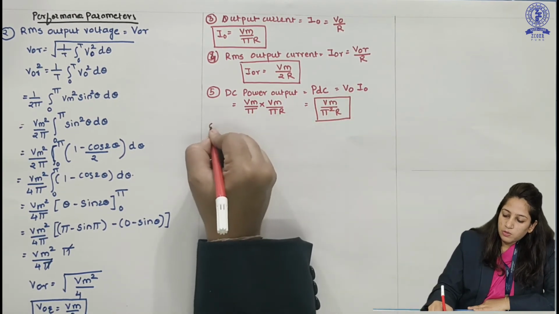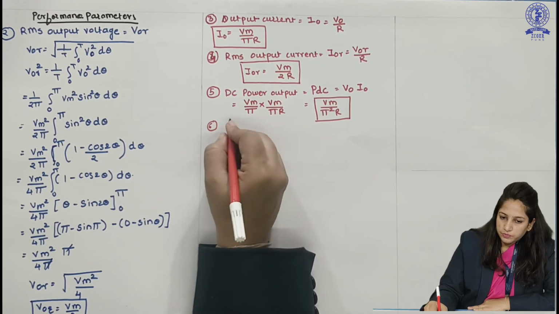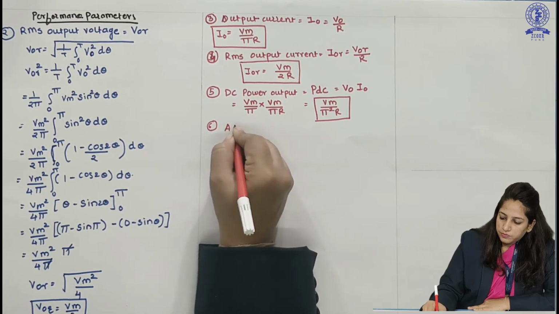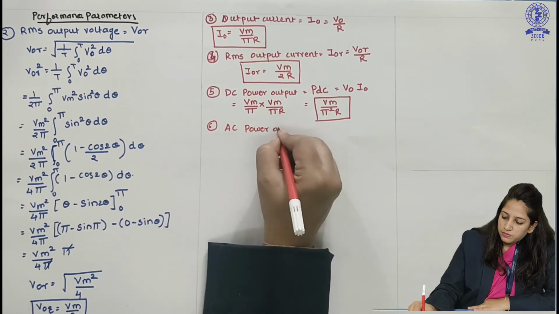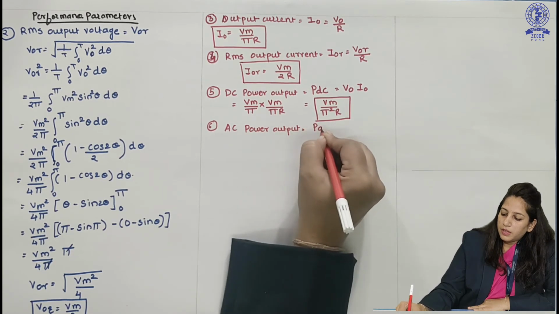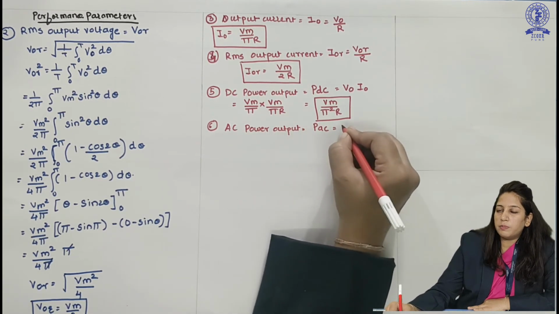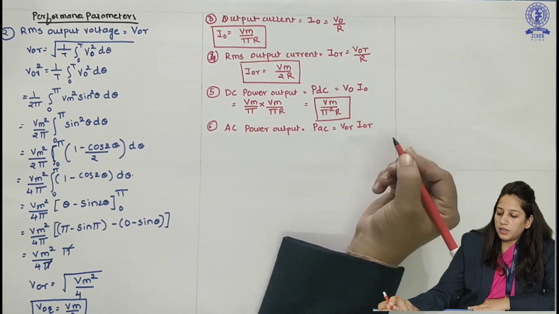Now the sixth quantity we will find out is AC power output. It will be PAC, the product of RMS output voltage and RMS output current.